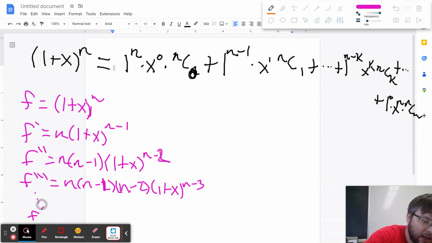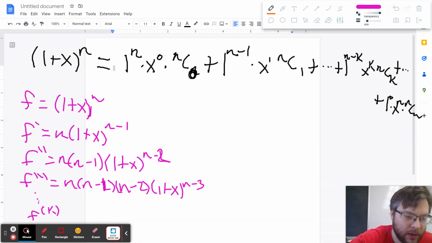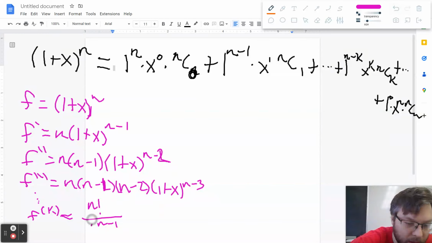The kth derivative, you're going to have everything up until n minus k. And so the way you can write that is n factorial over n minus k factorial times (1 + x)^(n-k).